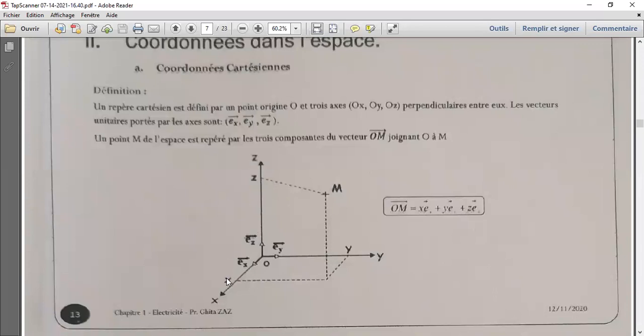For me to find point M, first of all, I have to move from the origin O to X, and then from O to Y. Then, where this X and Y meet, I have to draw a line which touches where X and Y meet.